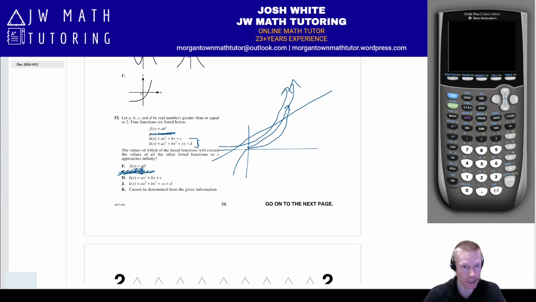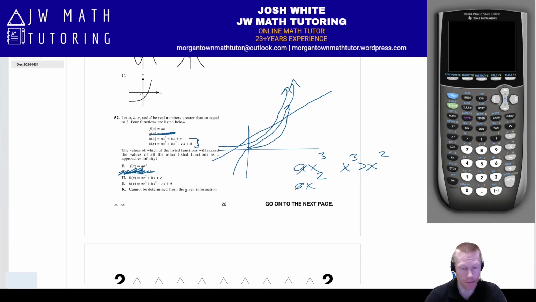This is what's going to dominate. So as x goes to infinity, as x gets larger and larger, the a value is irrelevant. That's the same for both, so just ignore that. Now you're just looking at x cubed versus x squared. Hopefully you see that x cubed is going to be greater than x squared.